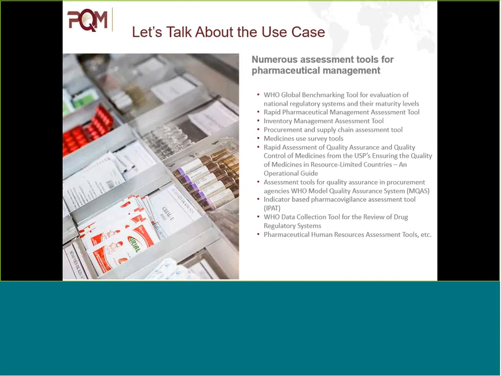In the book we call Ensuring the Quality of Medicines in Resource-Limited Countries, an operational guide, there's a tool to help countries in assessment of quality assurance and quality control systems. And then there is the MQAS, the WHO tool, the model quality assurance system, for assessing the capability of procurement agencies to conduct a quality assurance audit that will inform the procurement of medicines to be donated, and several others that are listed there.